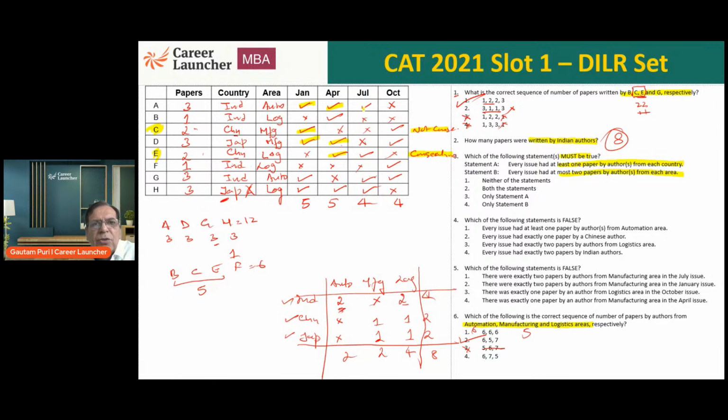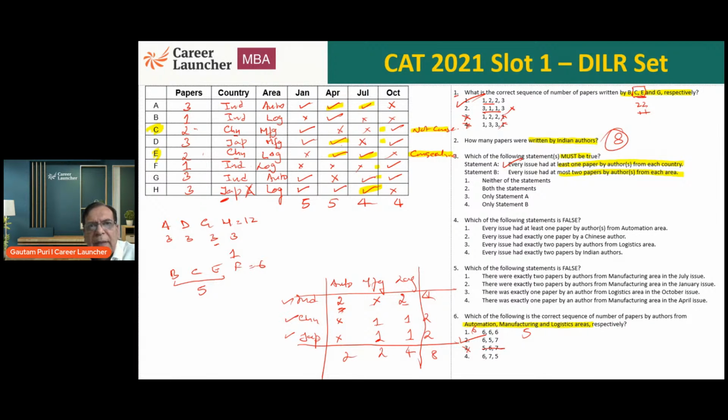Correct. July, one Indian. Then we have Chinese and Japanese. So yes, all 3 of them. Okay. And the last one, this is Chinese, Japanese, Indian. So statement A is correct because every issue has at least one of those.